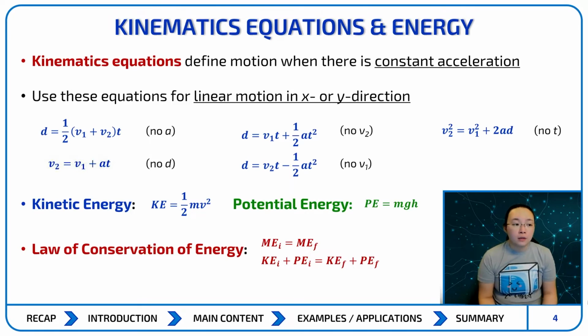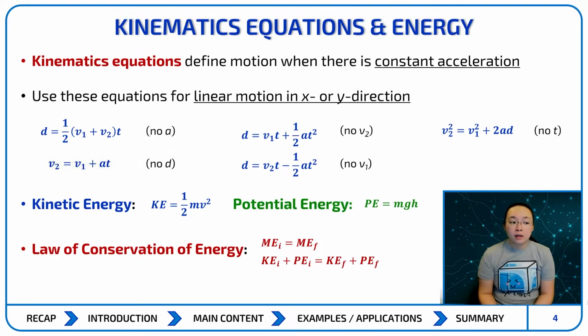Number one, you can use kinematics equations if you break down your 2D motion into its x and y components. So once you've broken it down into its x and y components, you can apply your kinematics equations to each direction and be able to calculate different terms that you can use to solve for whatever variable you're looking for.